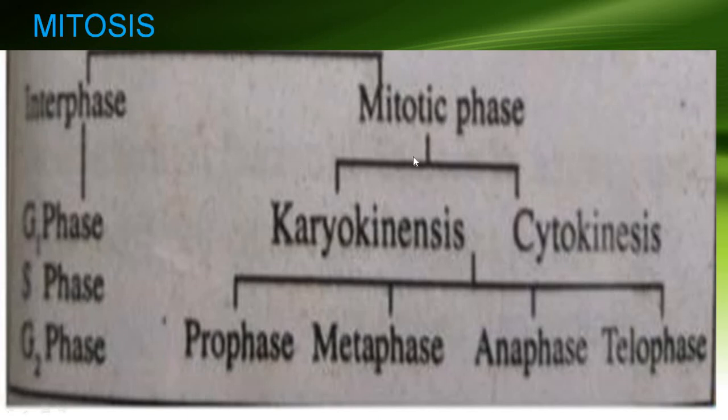The mitotic phase is divided into karyokinesis and cytokinesis. Karyokinesis means the division of the nucleus. Inside the cell we have the nucleus, as we talked about in our previous session on the cell.